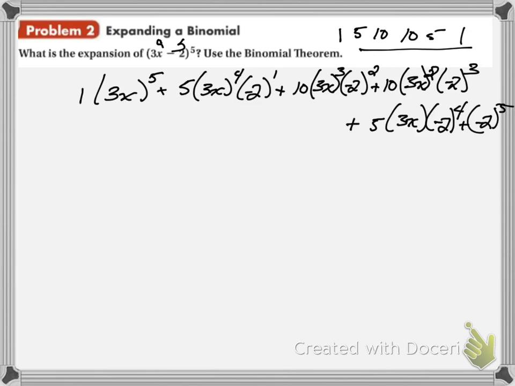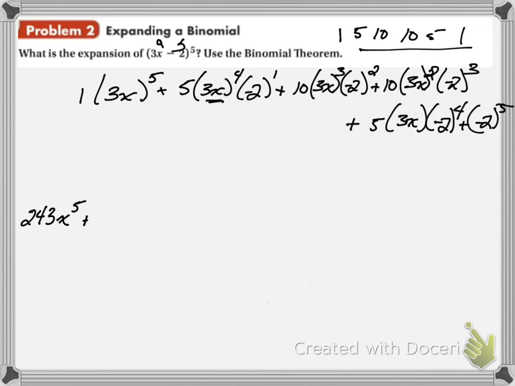So then I'm just going to simplify this stuff, so that's written out. Well, what's 3x to the 5th? 3x to the 5th, when I punch in my calculator, 3 to the 5th is 243. So 243 x to the 5th, plus now 3x to the 4th, again, punch in your calculator and come up with that number.